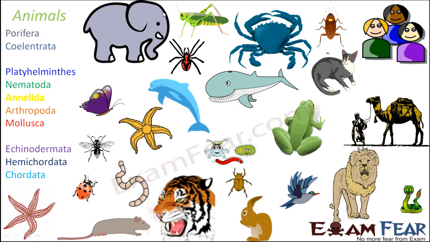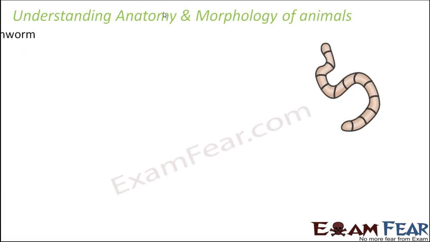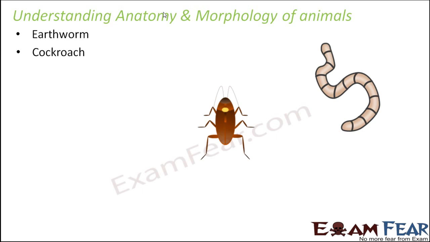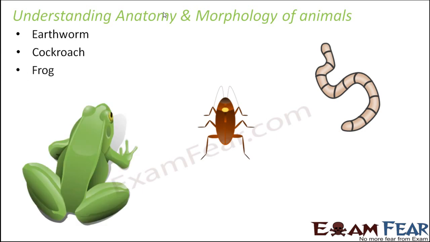So which are those lucky animals which we are going to discuss in detail right now? Let's have a look. We will talk about 3 animals in this lesson. The first one is going to be earthworm, second one a cockroach, and the third one a frog.